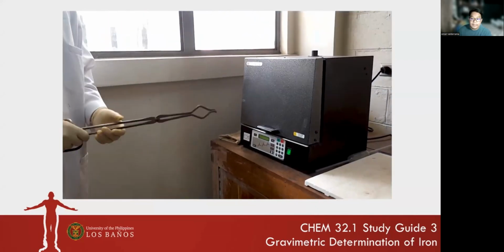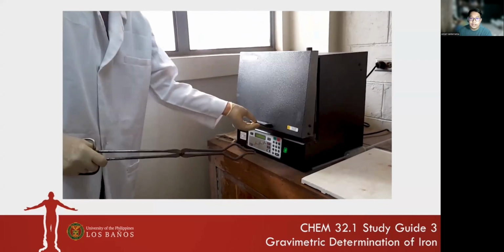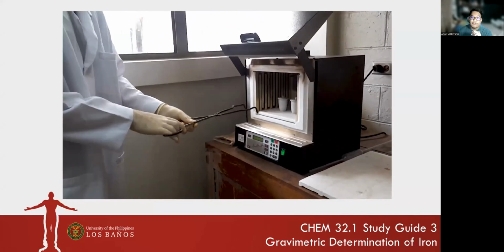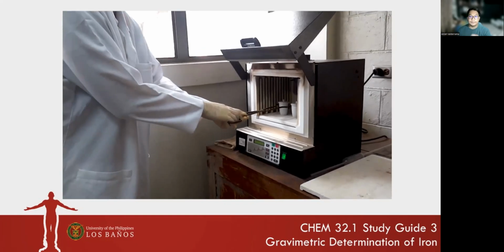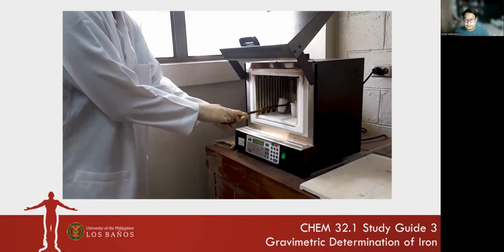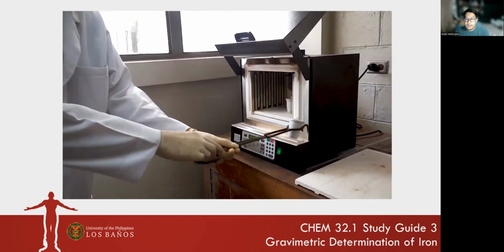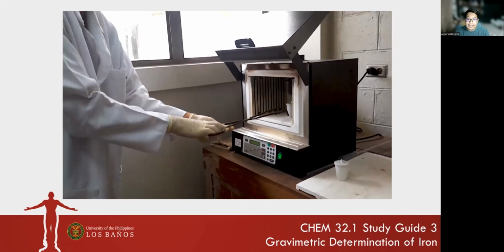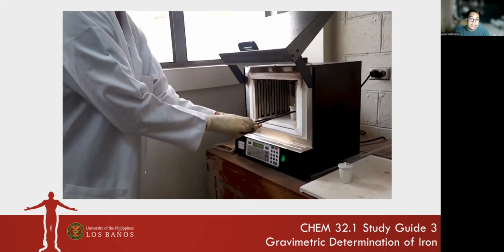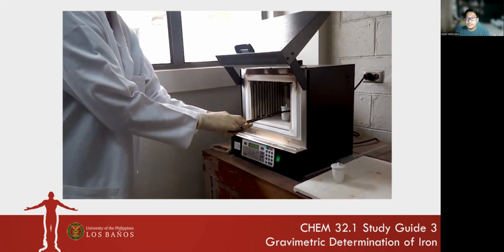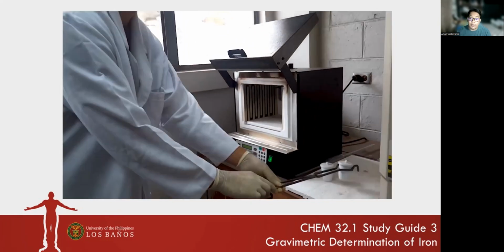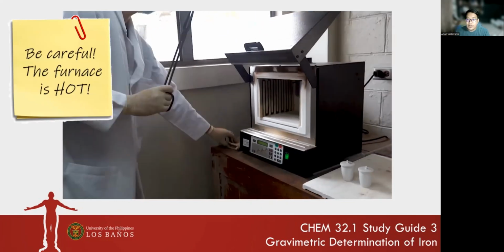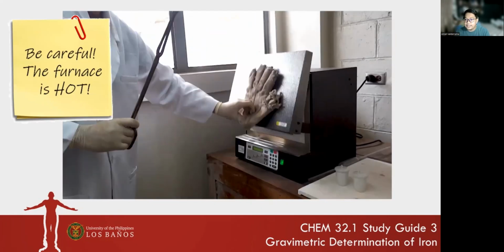Then after some time, as instructed in your procedure, you will now get the crucible from your muffle furnace. You have to be very careful with this because our muffle furnace is very hot. As you can remember, it is 650 degrees Celsius. So you have to be very careful around the muffle furnace as you get your crucible inside.